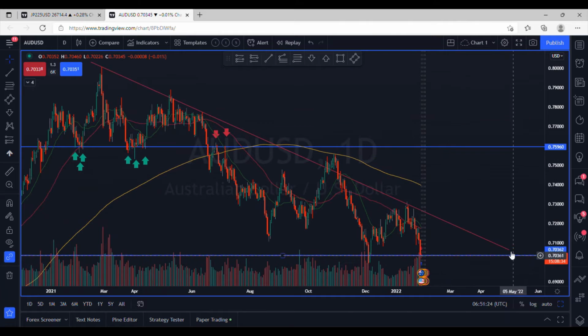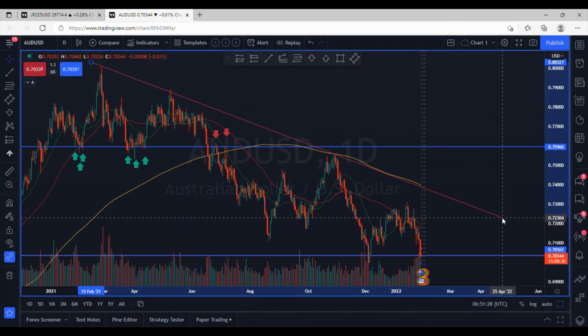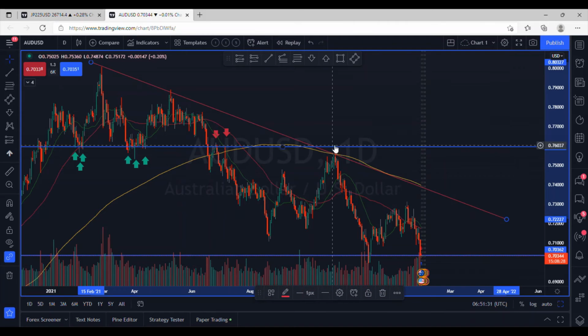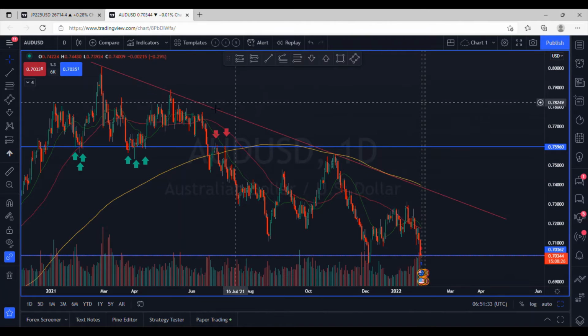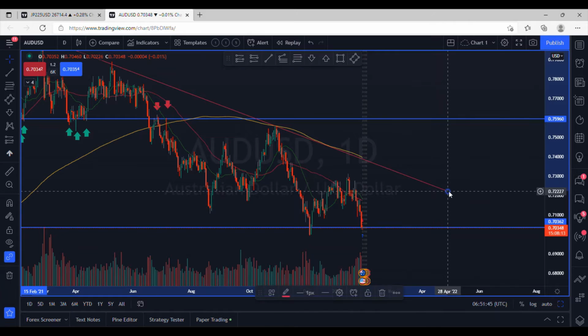So there are plenty of different ways of doing this. That to me is a good trend line because you've had touch, touch, touch. Price will undoubtedly come back and touch it.